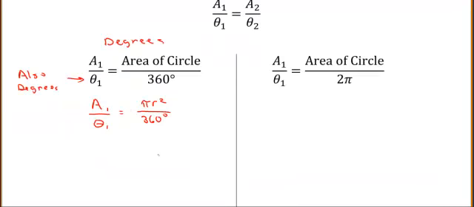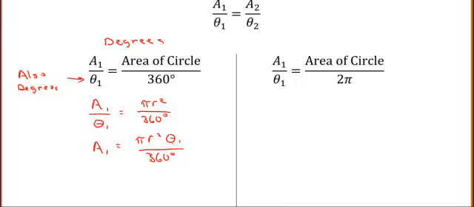Then a formula for the area of the sector would be A1 is equal to pi r squared theta 1 divided by 360 degrees. Theta 1 would also be measured in degrees. So this is the formula if we measure things in degrees.